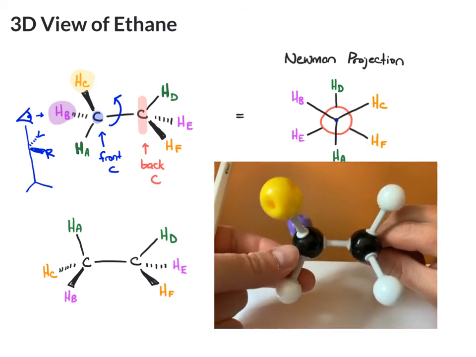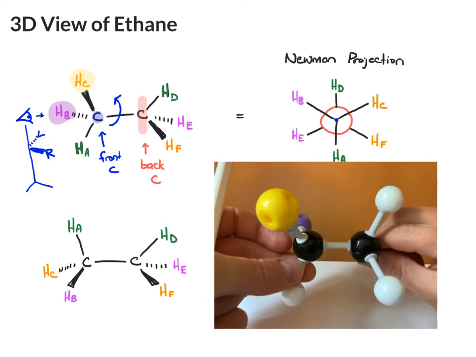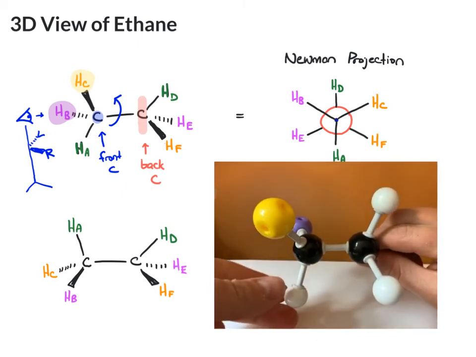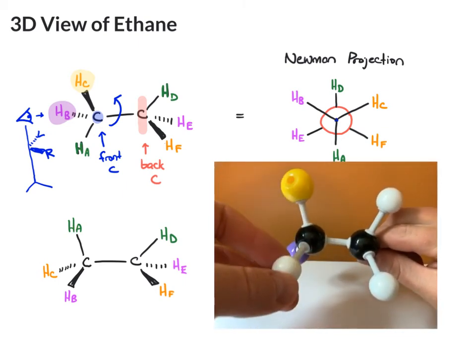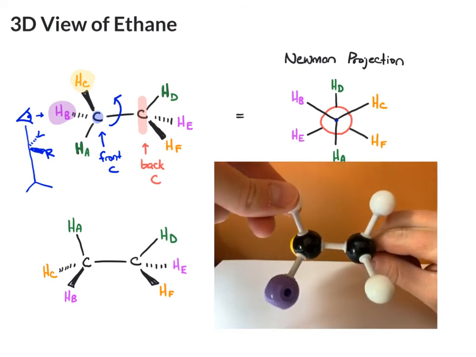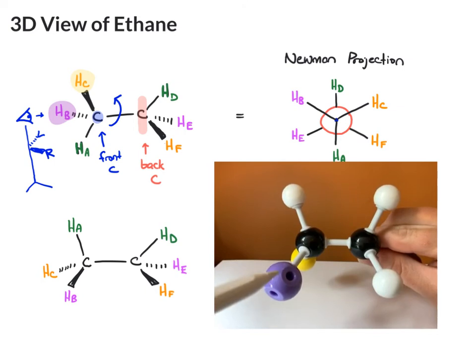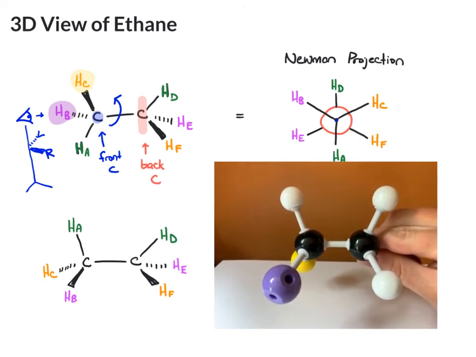When we rotate around this front carbon, what I'm doing is rotating hydrogen A, which was down on the bottom, 180 degrees to come up to the top. As we do that, this 180-degree rotation now brings hydrogen B, the purple atom, pointed out towards us, and then hydrogen C ends up going back away from us.